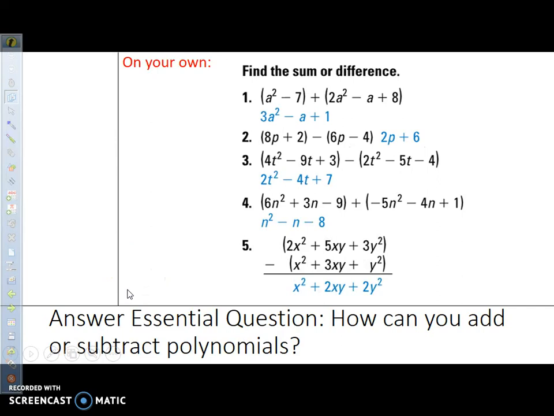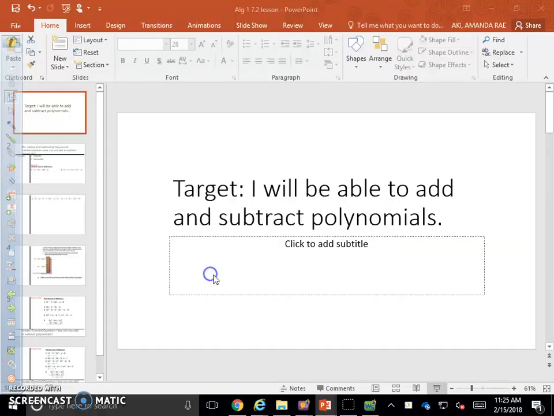Here are the answers you should have gotten. Be careful when it comes to these minus signs. Be careful. All right, now for your essential question, go ahead and tell me which one you like. Do you like vertically or horizontally stacking? And your checkpoint is ready to go. Remember, that's how I determine tomorrow morning who has done their homework or not. I hope you guys are having a good day, and we'll talk to you later.